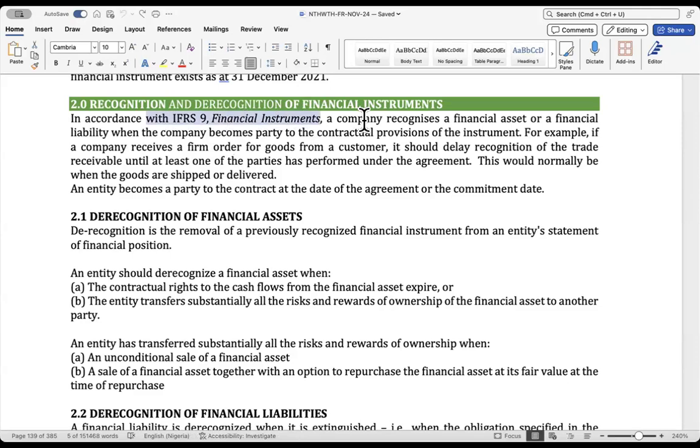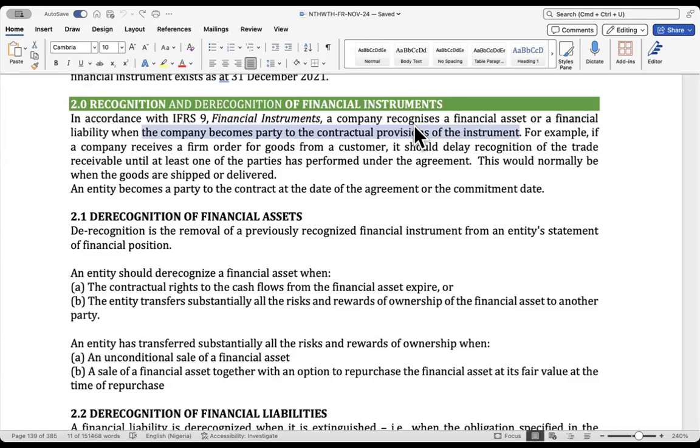So you see, there's a criteria for recognition. It says that a company recognizes a financial asset or financial liability when the company becomes a party to the contractual provisions of the instrument.